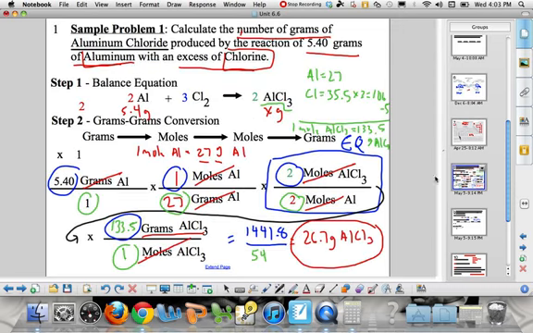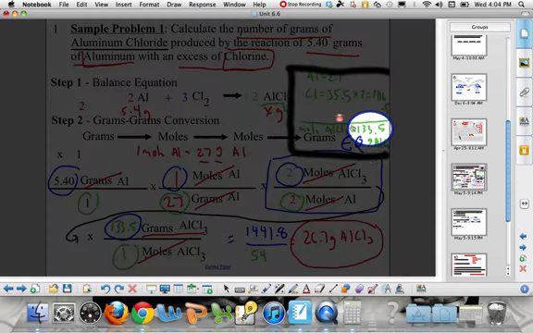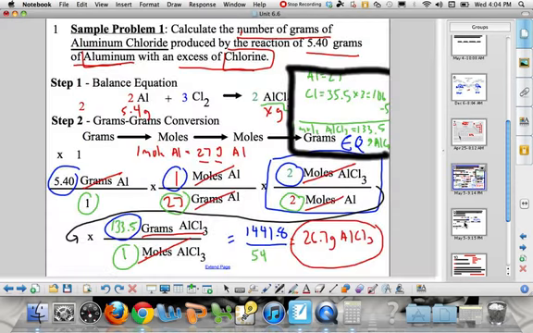Now, if you recall, we just looked at the mass for aluminum chloride in the previous step here. We did it up here. We said aluminum has a mass of 27 and chlorine has a mass of 35.5, and aluminum chloride, I have to multiply that by 3 to get my mass, and we found that it was 133.5. We found that in the last step. So we're just going to use that. We'll save you a little time.